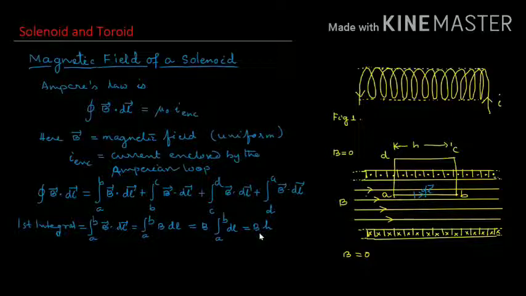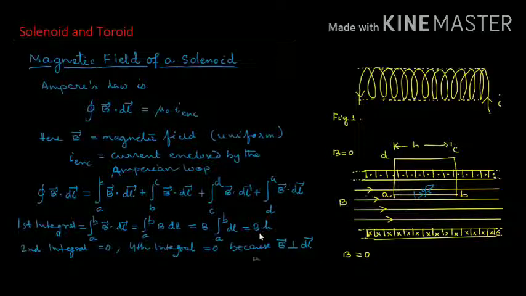The second and fourth integrals are 0 because the dl vector and B vector are perpendicular. The second integral is 0. The fourth integral is also 0 because the B vector is perpendicular to the dl vector.